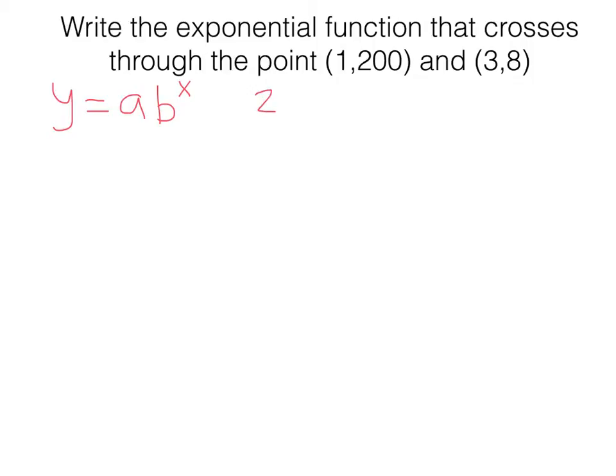So the first equation we have is 200 equals a times b. The second equation comes from the other coordinate point, 8 is our y value. 3 is our x value. Don't forget that the x values are the exponents.